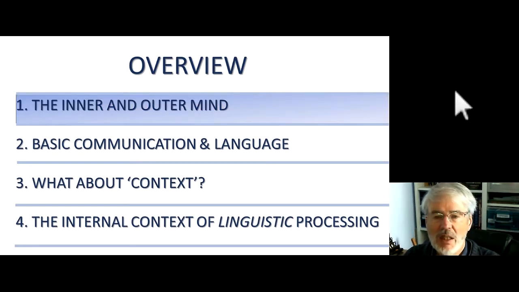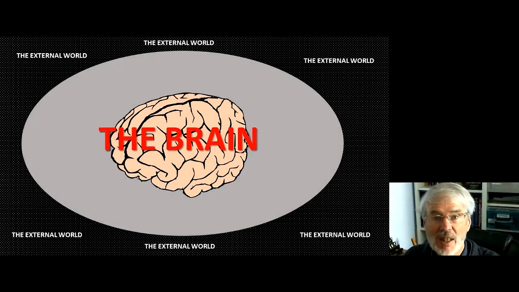Let's begin with the distinction between the inner and the outer mind. Remember that I'm not talking about the physical brain, I'm talking about the system behind it. When I say the system, I'm not talking about the physical system, the neurons and various cells and pathways.